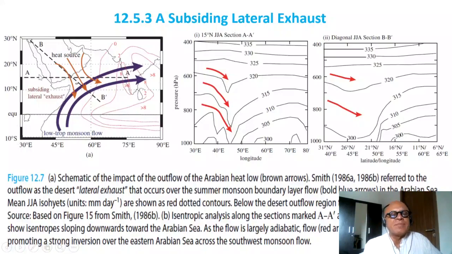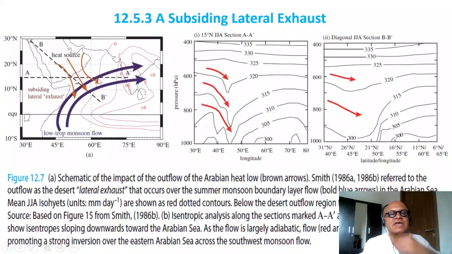The A prime is cutting across the southwesterly jet, so you can see the impact, and you can see this desert outflow in this pressure-longitude section, that the flow remains essentially isentropic. So it's adiabatic, and also along B prime, which is cutting across in this direction, again largely isentropic.